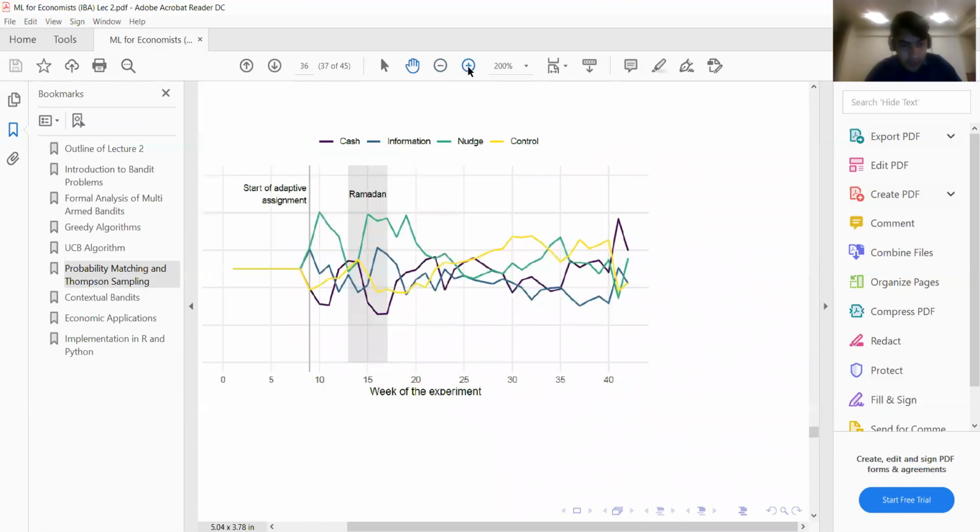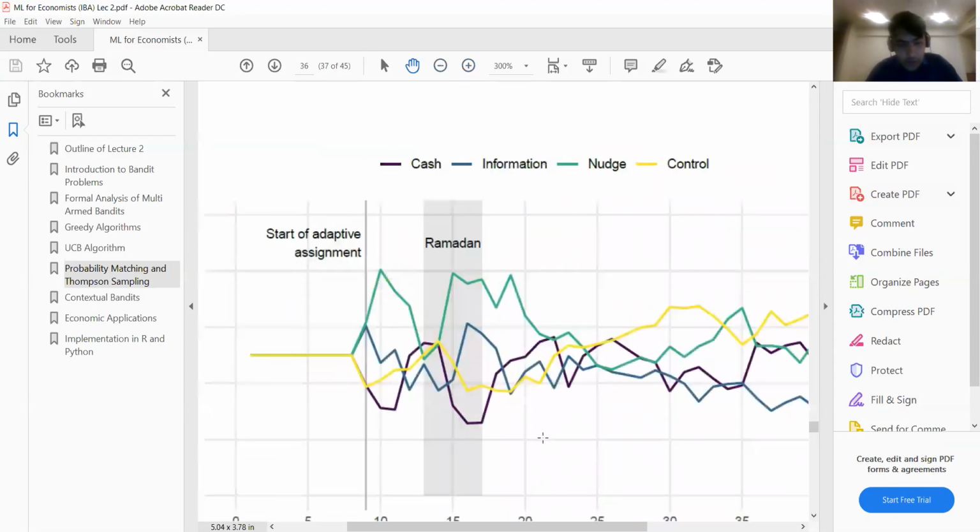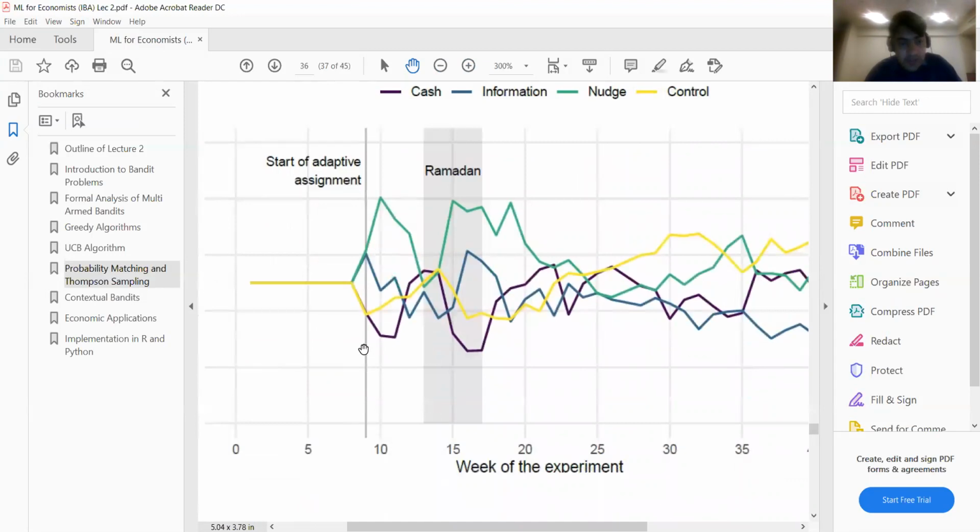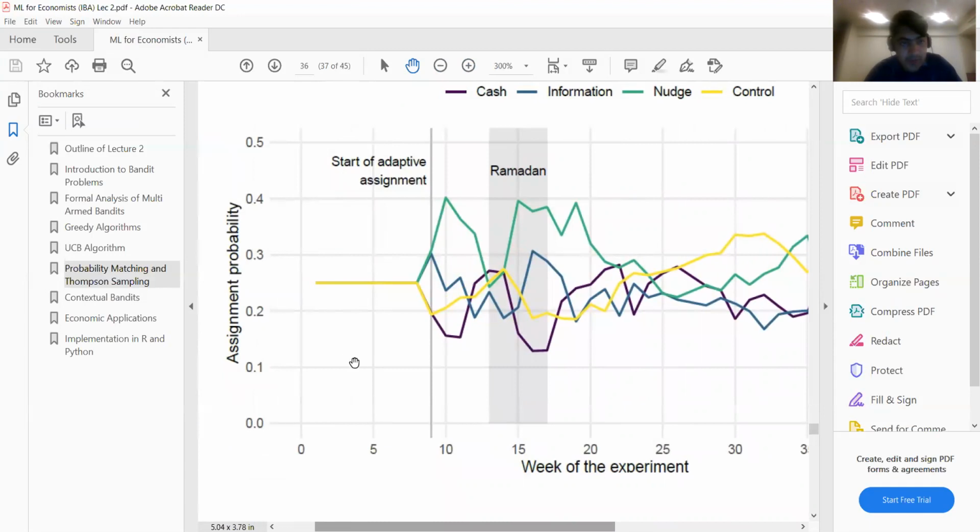This is the week of the experiment. Towards the start of the experiment, at 0 weeks, you just had a 25% prior probability, because you had a uniform, diffuse prior for all these assignment probabilities, theta.